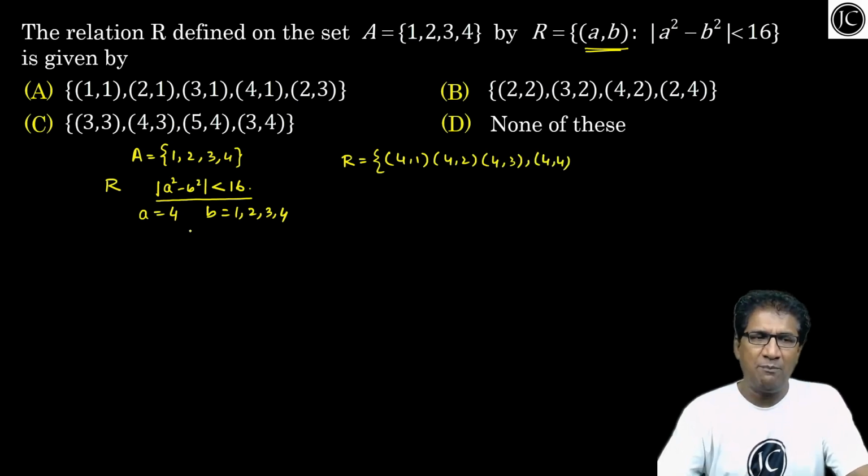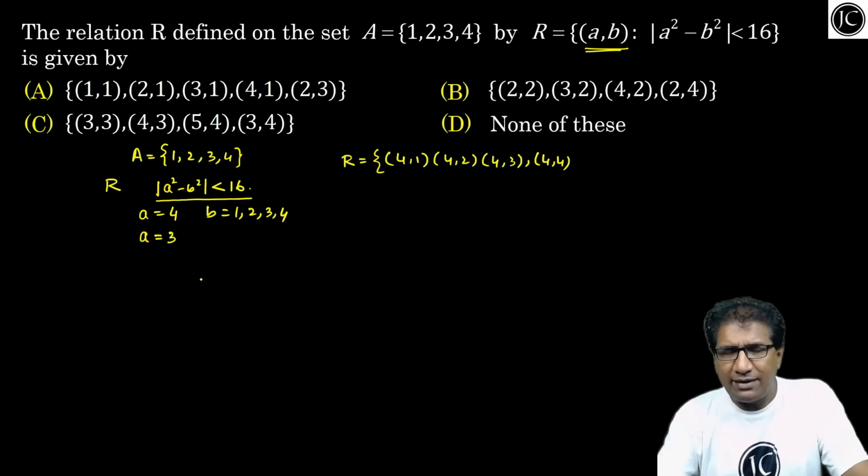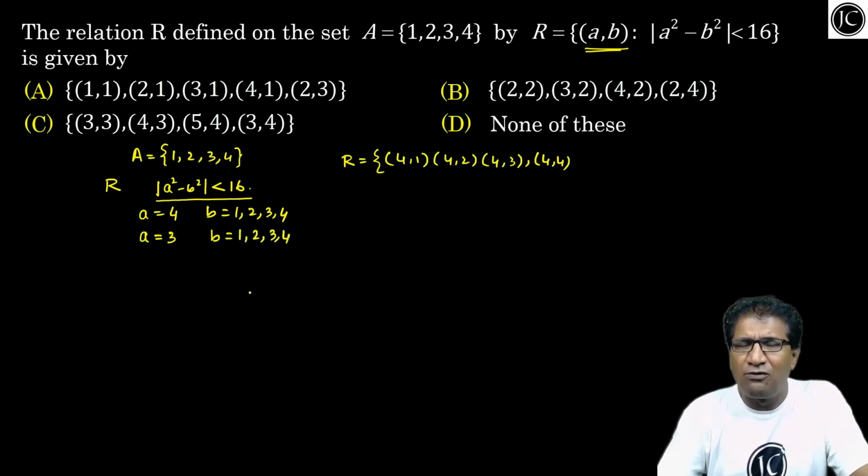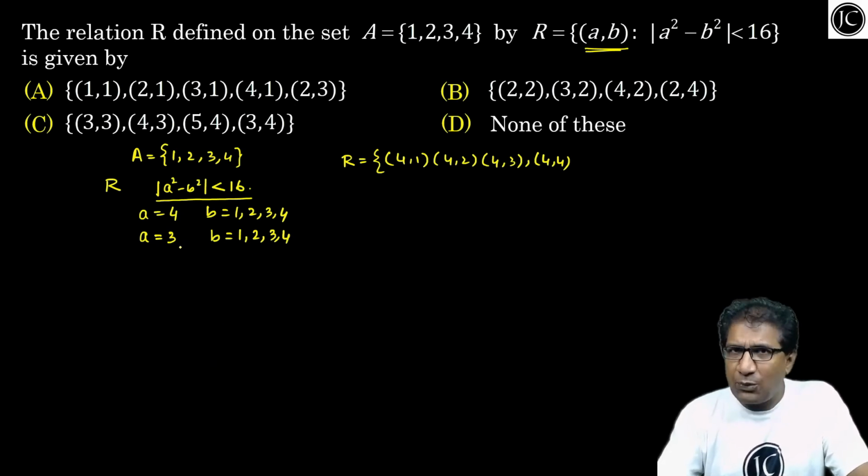Right? Okay. Now let us assign a the value 3. Now if a is 3, look carefully, your b can again take the value 1, 2, 3 or 4. Why is it so? If a is 3, then it is basically 3 square minus b square less than 16.